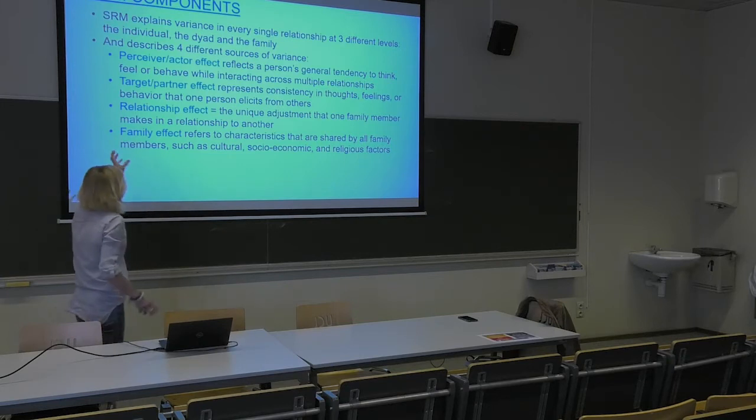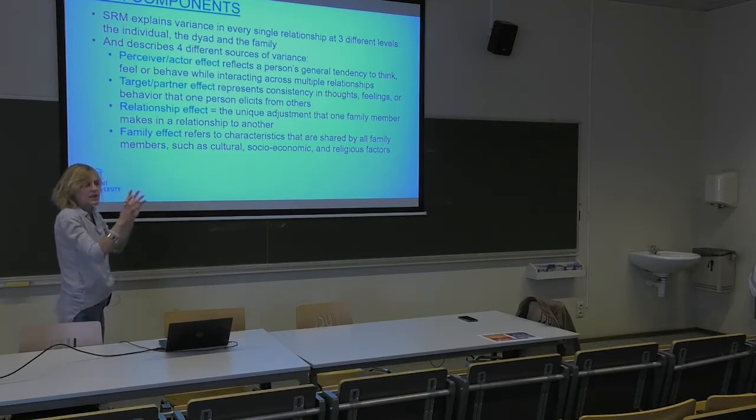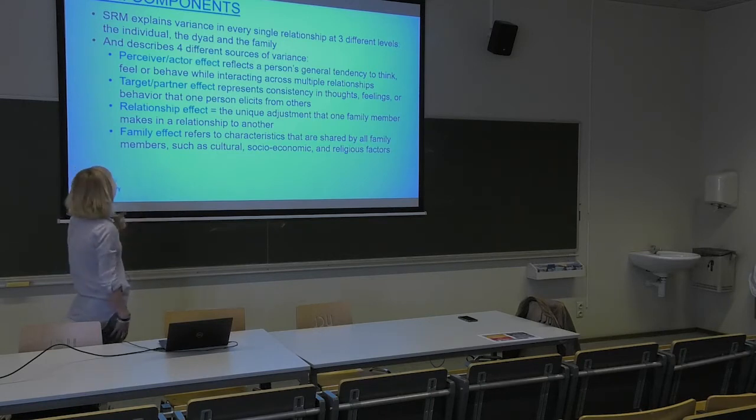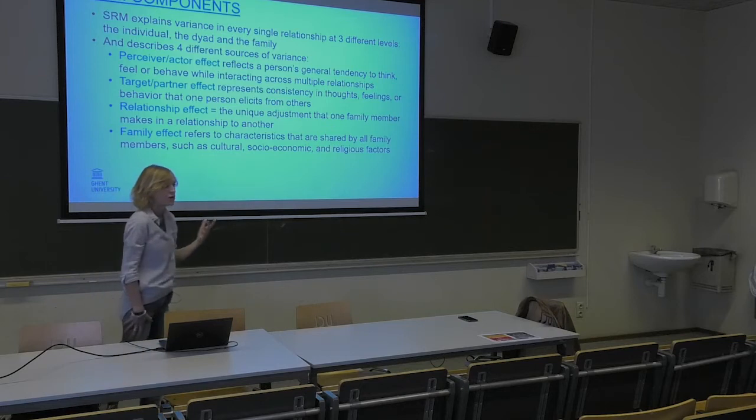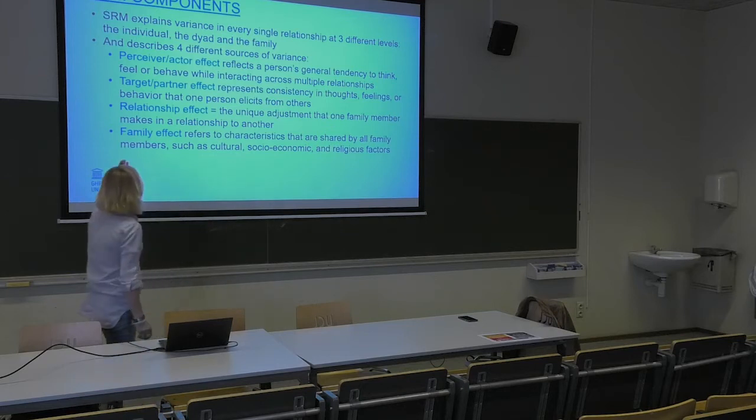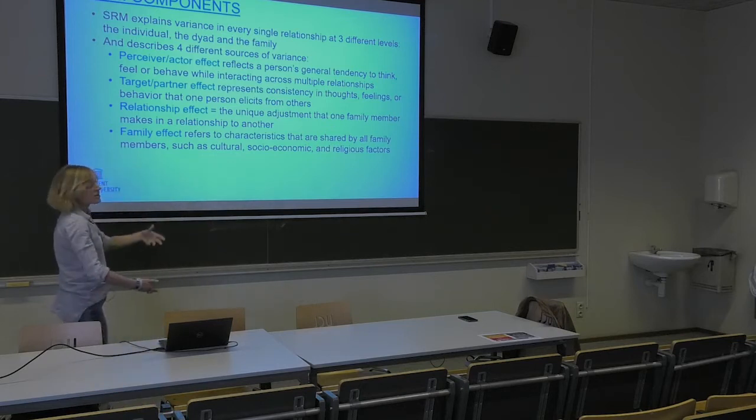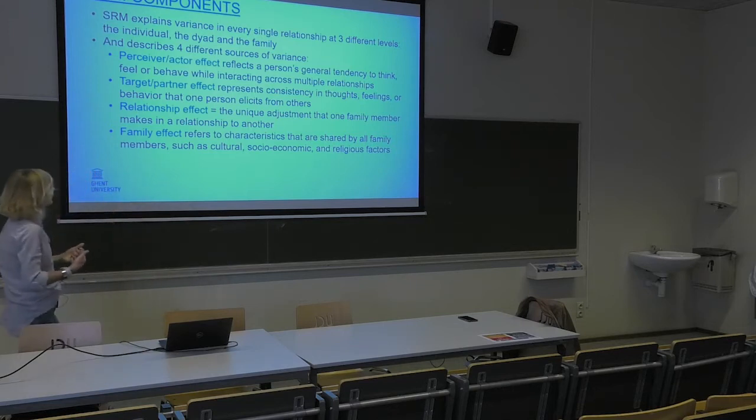So the perceiver or actor, sometimes we call it perceiver, sometimes actor, it's a person's general tendency to think, feel, or behave in a certain way. Yeah. The target partner effect is the consistency in thoughts, feelings, or behavior that one person elicits from another one. Yeah.